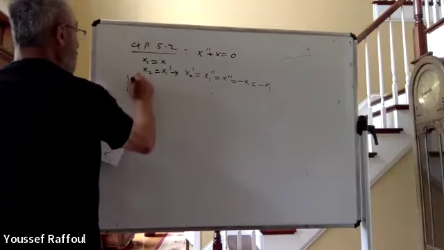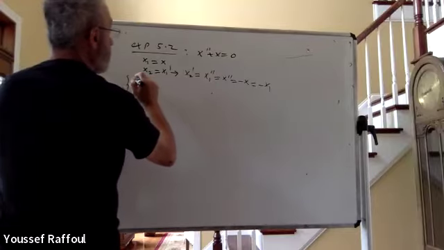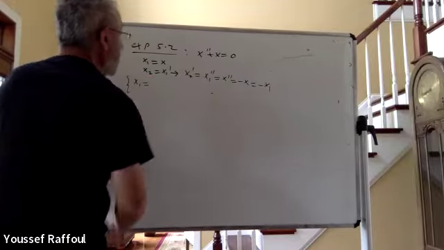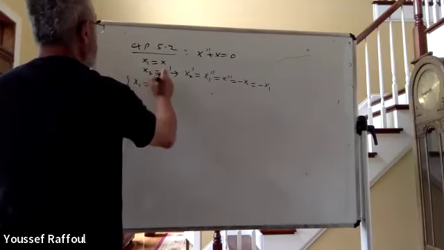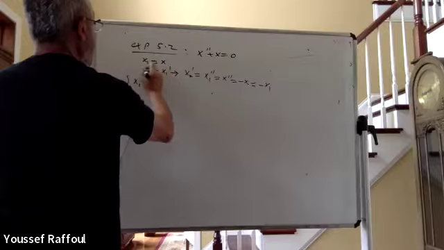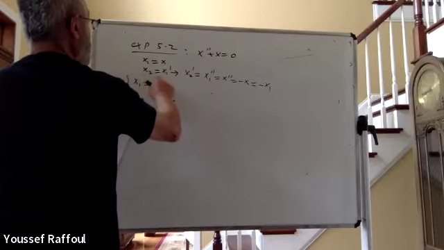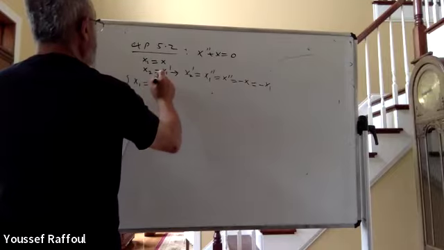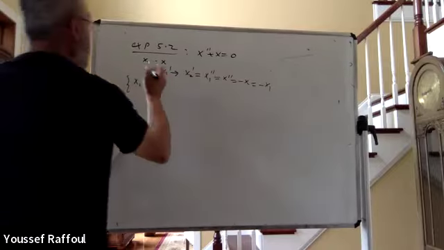So the system we have: x1 prime equal to x prime, which is x2.